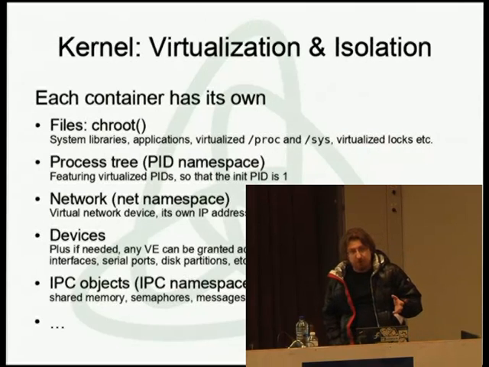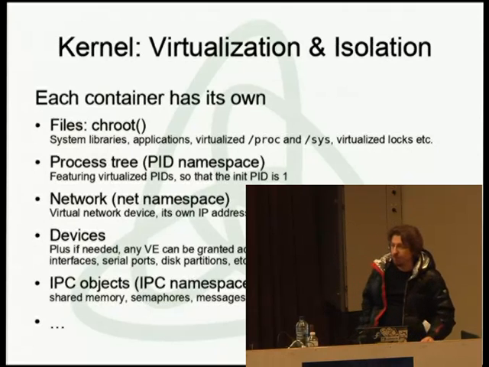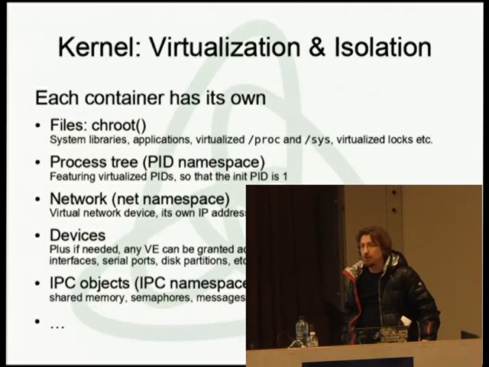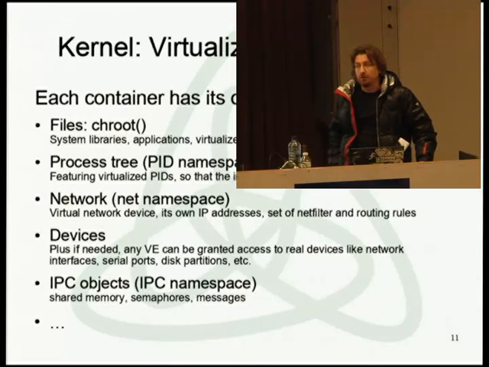Each container, from the point of view of the container's owner, is a separate entity. It has its own files. It has its own processes, its own network device with all the iptables, firewall rules, routing rules, and metrics.